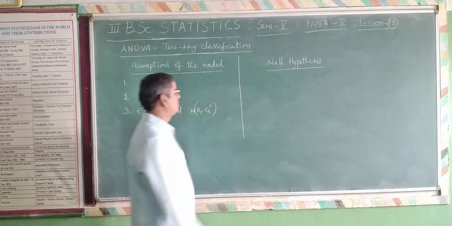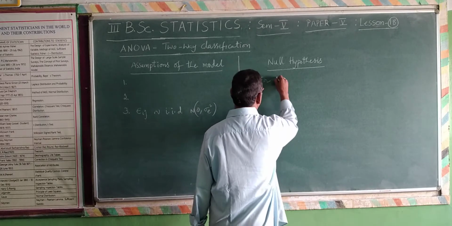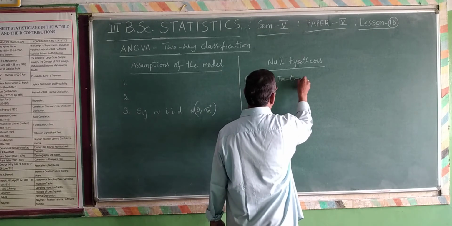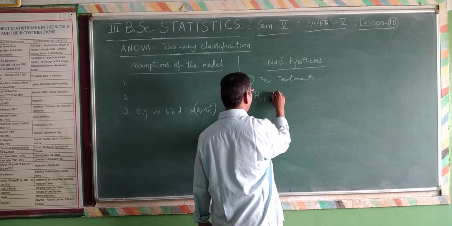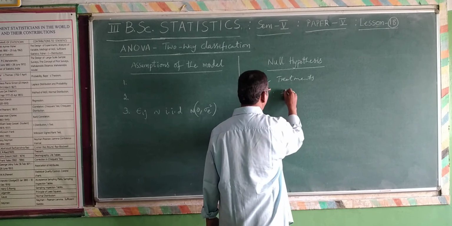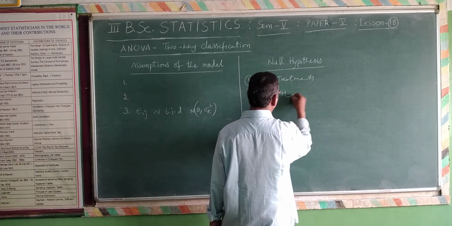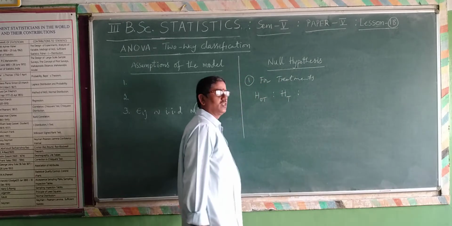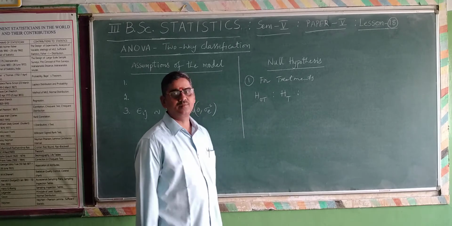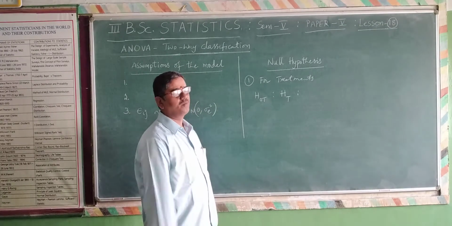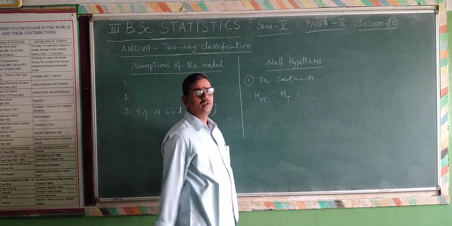First of all, for treatments: what is the null hypothesis going to be? I can write H naught T, or HT, because it is for treatments. It represents the null hypothesis for treatments.